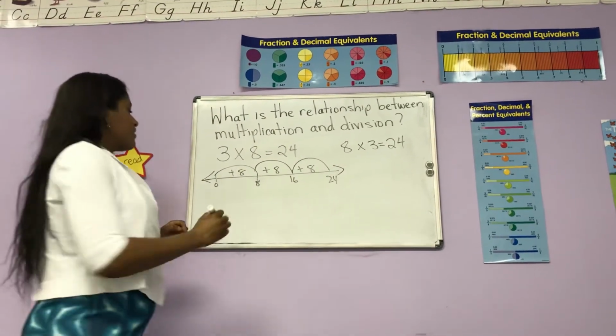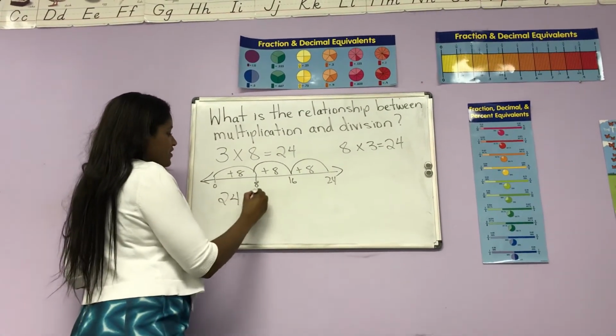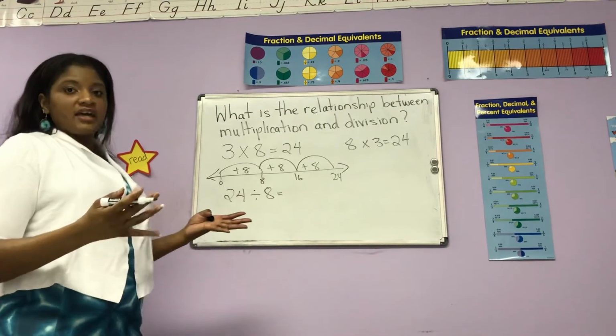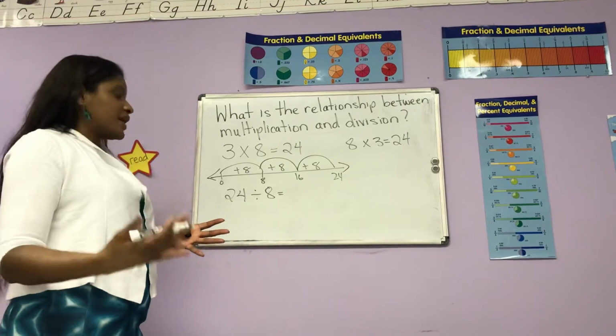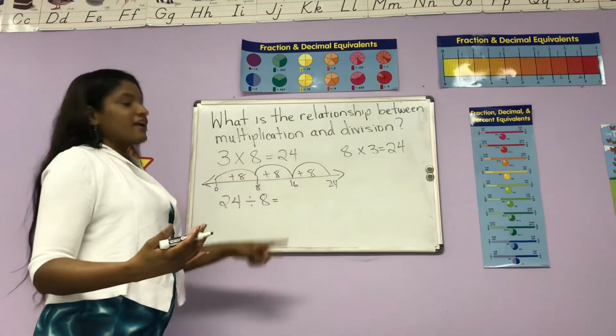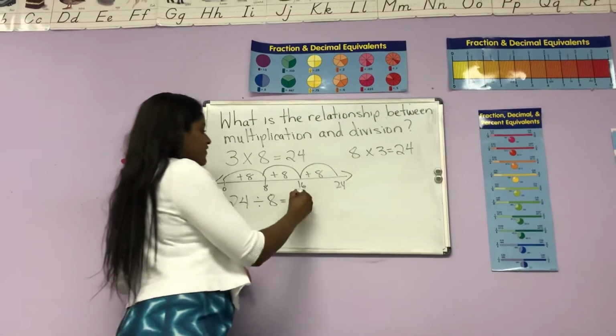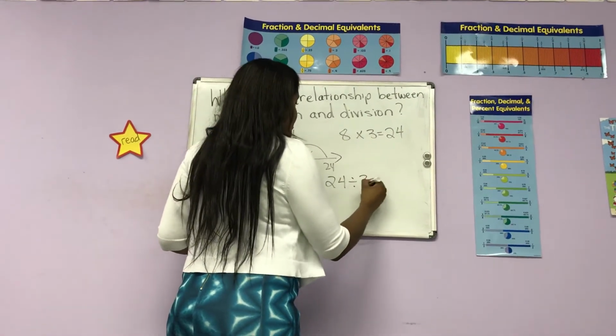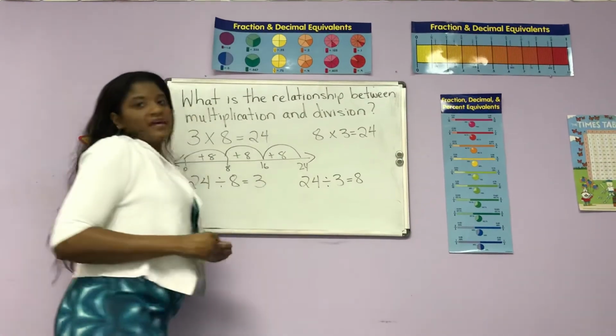But now I also know 24 divided by 8 is, well, you can just, again, think of that repeated subtraction and think about the fact family that we've been doing. So I do know 24 divided by 8 is 3. Or I also know 24 divided by 3 is 8.